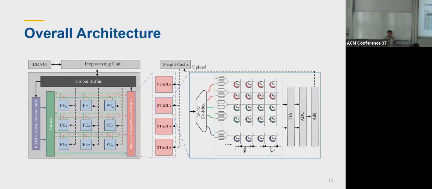This slide depicts the proposed optical architecture for deep neural network training, utilizing the backpropagation algorithm. In order to enhance data parallelism, the architecture integrates multiple processing elements and STADIUM into a single chip, where PEs are employed for forward propagation.